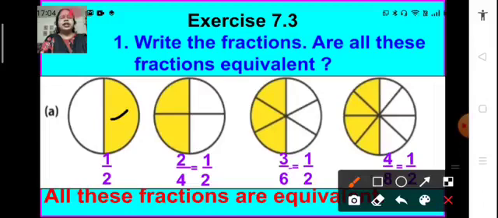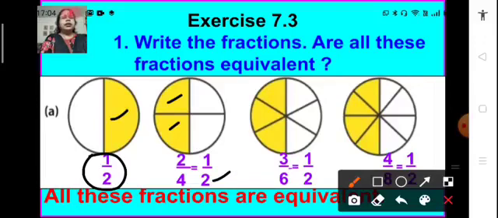So the fraction is 1 upon 2. In the next one, the whole is divided into 4 equal parts and 2 parts are shaded. That means it is 2 upon 4, which is equal to 1 upon 2.